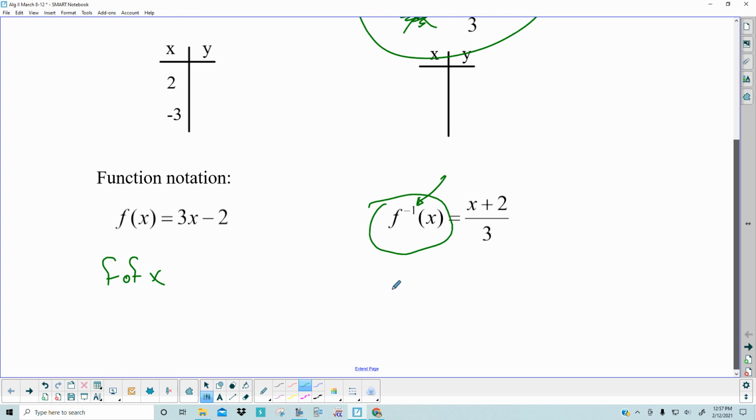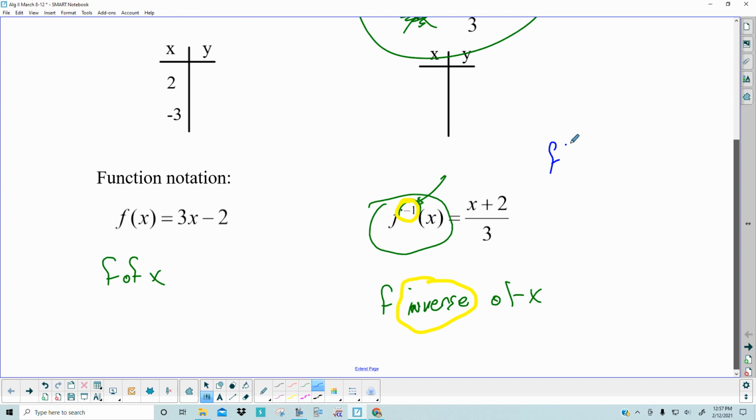This you pronounce f inverse of x. So I don't say f to the negative 1. This is f inverse of x. That's how you say it. That's how it's written.